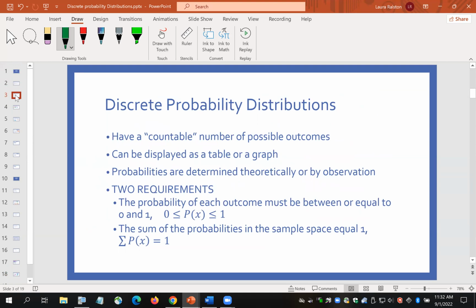We can display it as a table or a graph, and we normally use a table. Our probabilities are determined theoretically or by observation, and the main two things to remember are that all of the probabilities are between 0 and 1, and the sum of all the probabilities has to be 1. We looked at the generic type, and then we focused our attention on binomial.